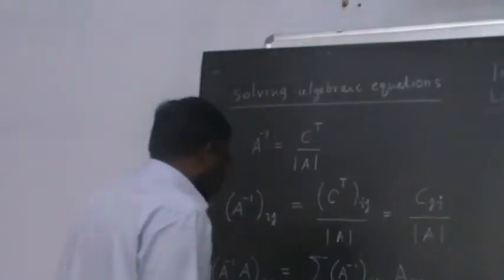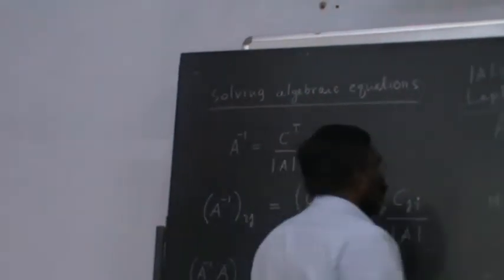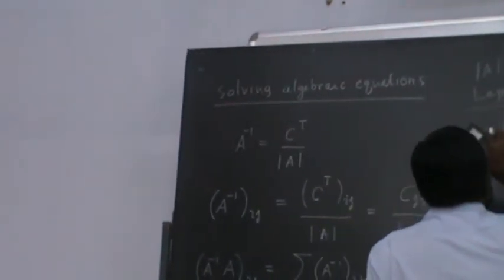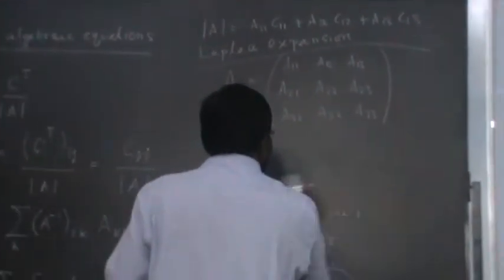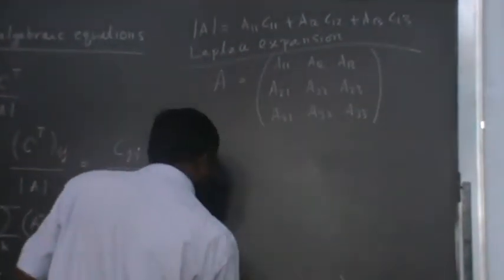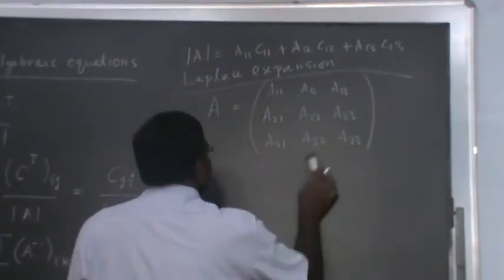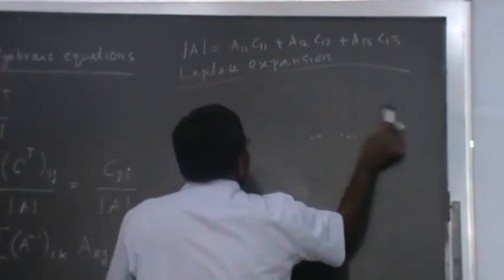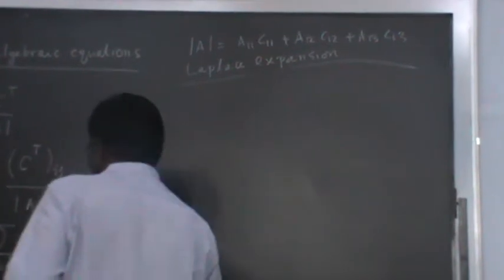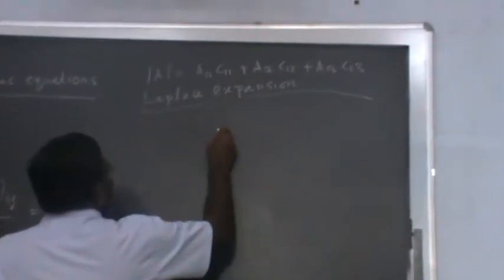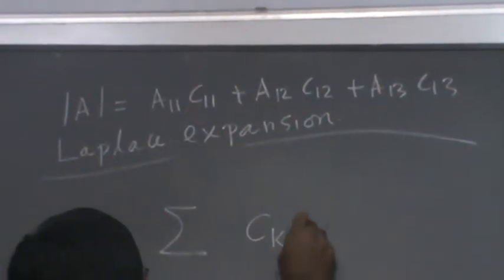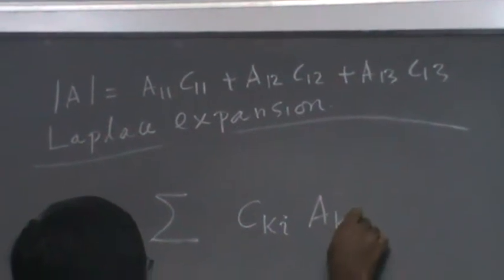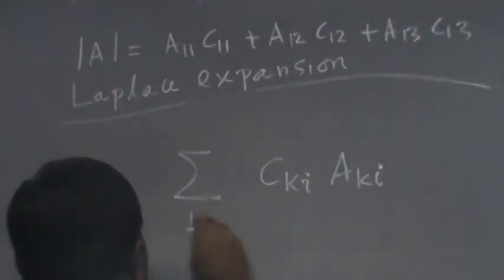So in that sense, I can immediately write down that the sum over k of Cki into Aki, sum over k.